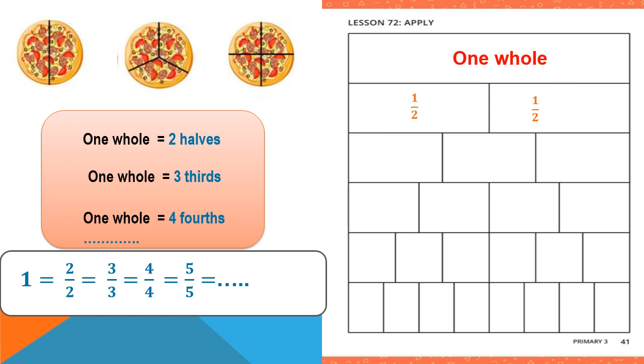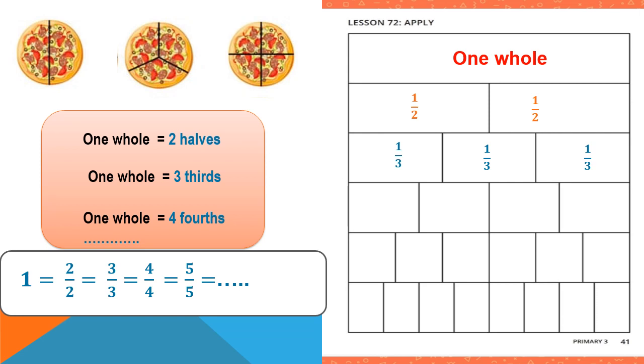This bar is divided into three equal parts. 1, 2, 3. So each part is called a third. 1 over 3. Third, third, third. So the one whole contains 3/3. Okay?